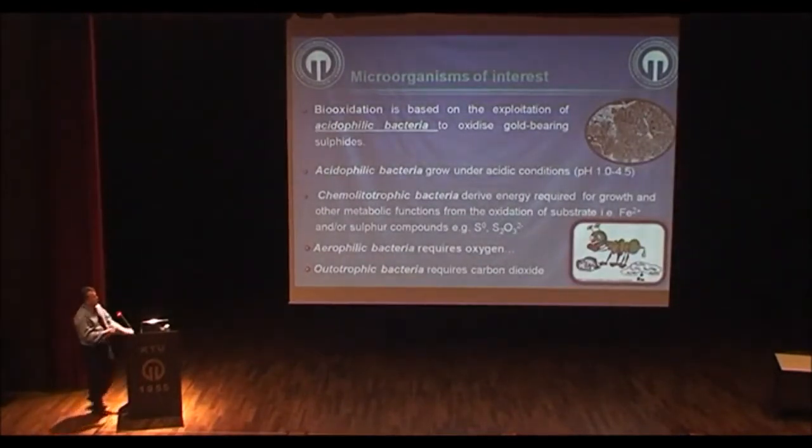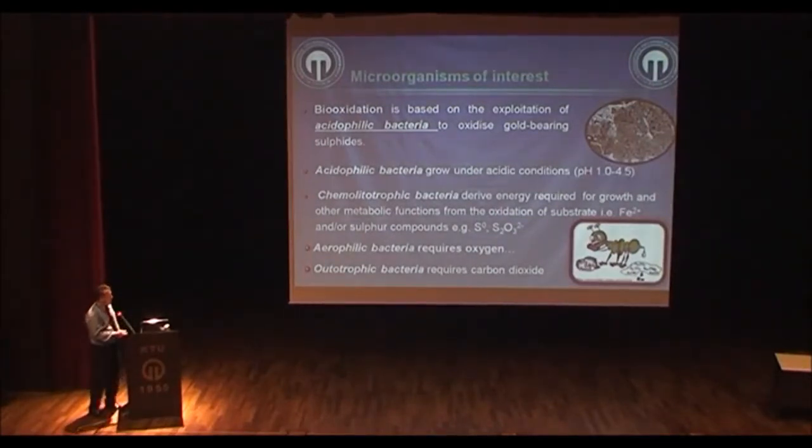Bio-oxidation is based on the exploitation of acidophilic bacteria to oxidize gold-bearing sulfides like pyrite, arsenopyrite, and pyrrhotite. Acidophilic bacteria grow under acidic conditions, from pH 1 to about 4.5.